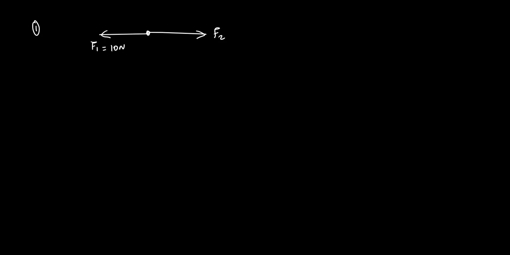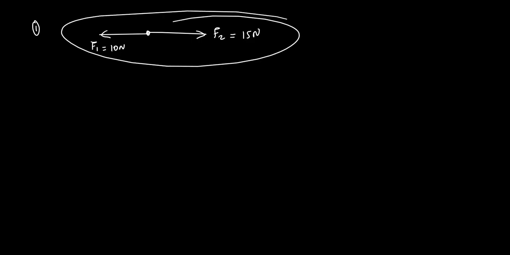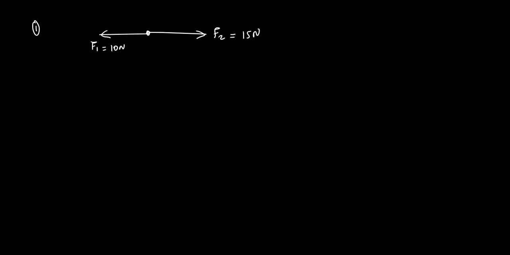These are acting in the same plane. They're acting horizontally. So I can simply add them. I can find their resultant by saying F1 plus F2. That will be their resultant, the F net. Do you understand? Because F net means you are adding them.